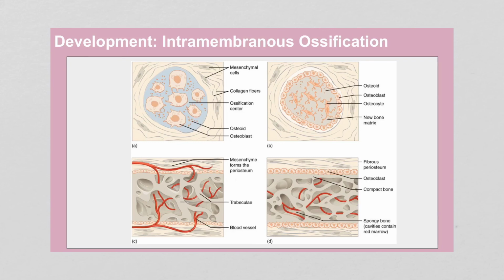Okay? And so what we end up with is a layer of compact bone, a middle of spongy bone, and another layer of compact bone on the other side. And these are going to be lined by osteoblasts while the bone is growing, and over time there's going to be fewer and fewer osteoblasts.